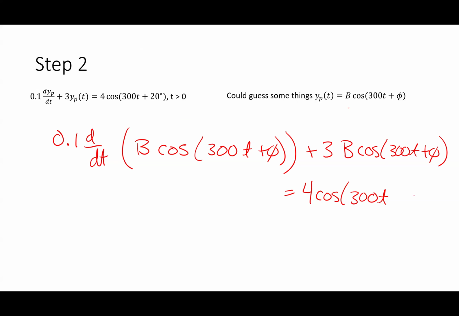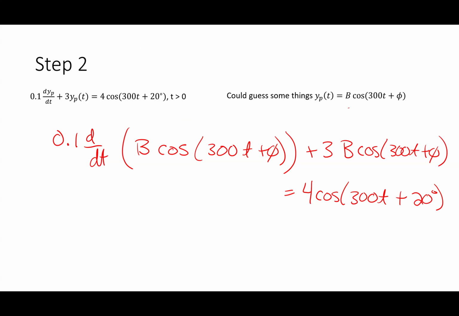First of all, how many equations is this? It's a trick question. It's 2. There's ultimately 2 in there, right? There's 2 unknowns, b and phi. Yes, it's 1 equation, but I can turn it into 2.